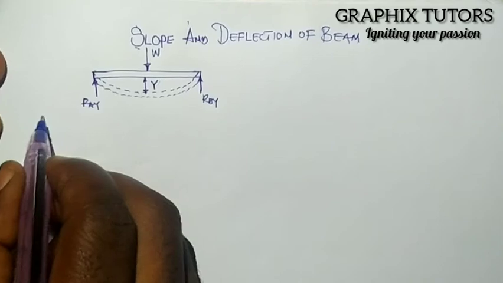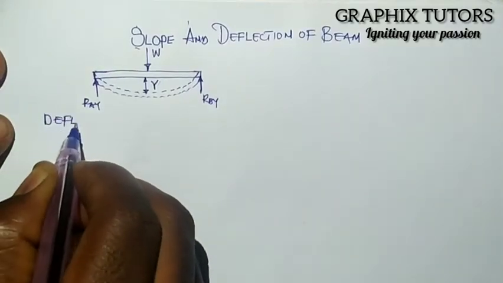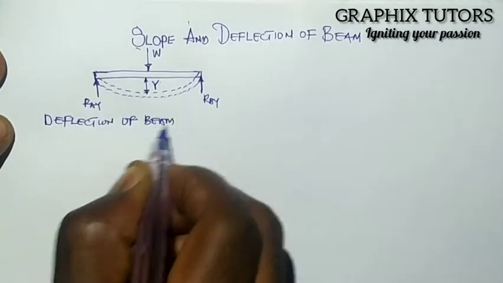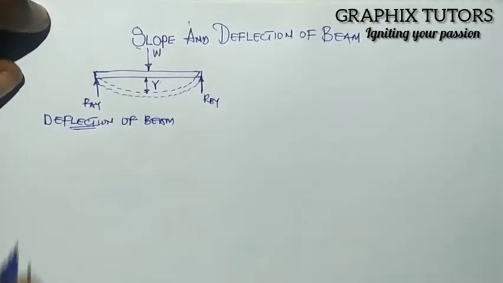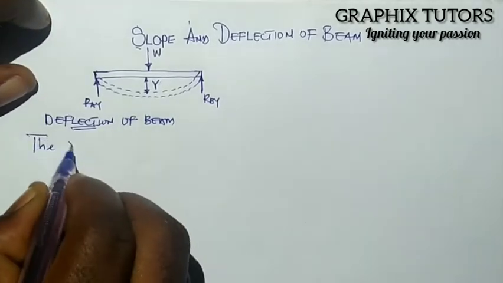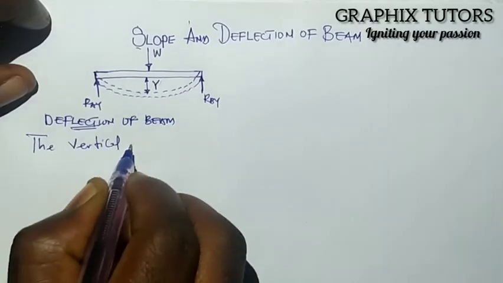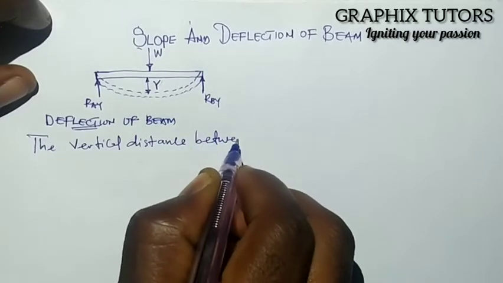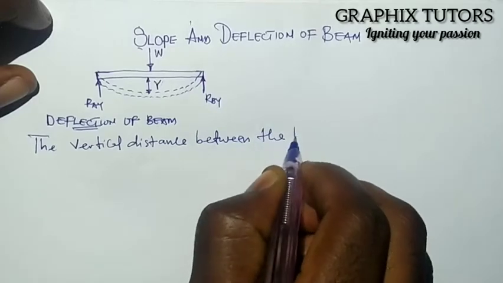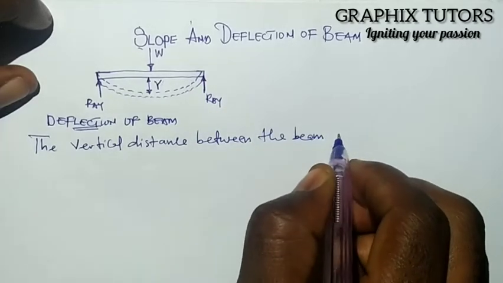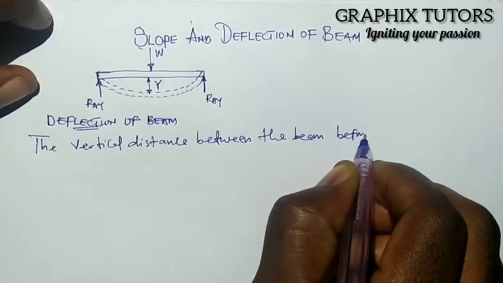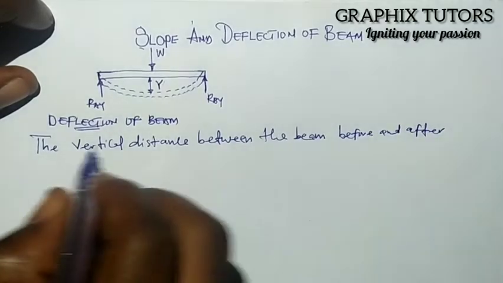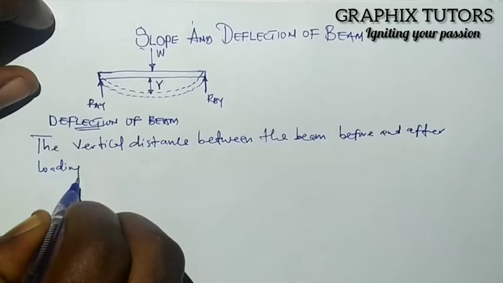So we define the deflection of beam as the vertical distance between the beam before and after loading, right?